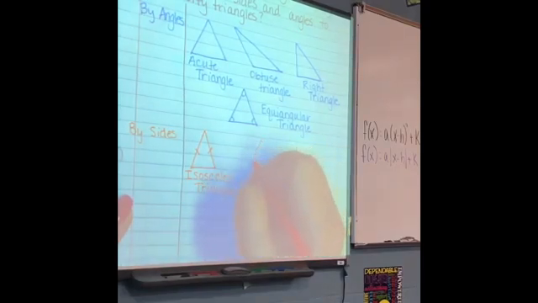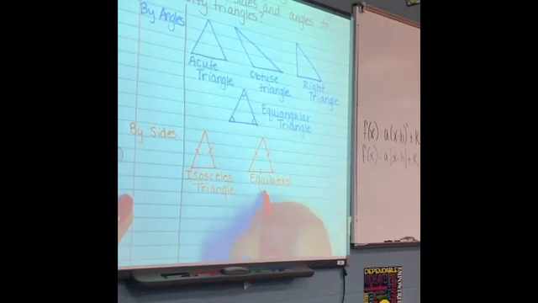If we have a triangle where all sides are the same, we call that an equilateral. And then lastly, no sides being the same would be scalene.